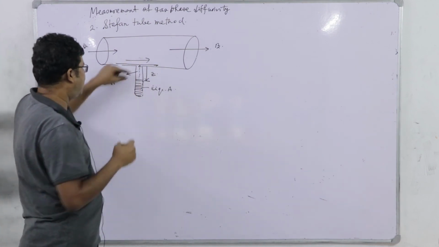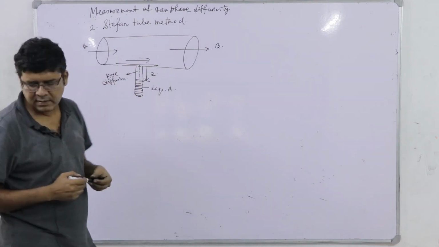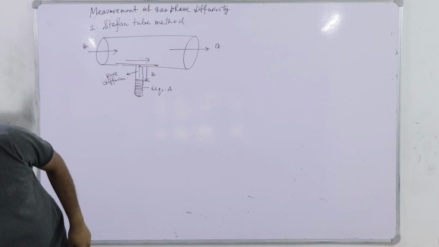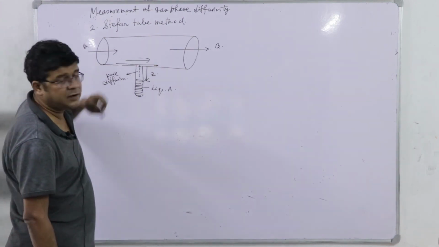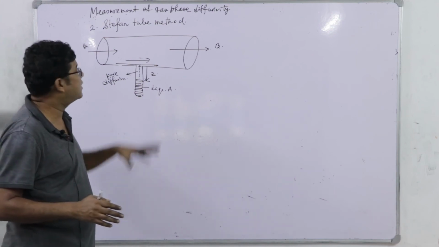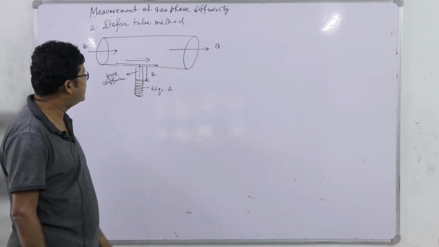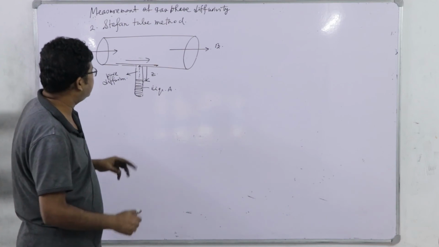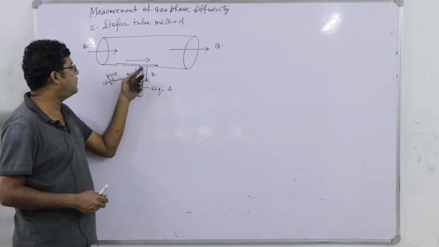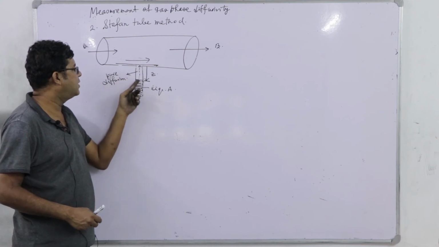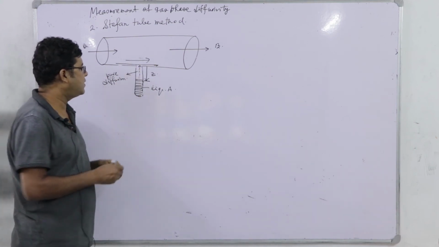We neglect the end effect here, there will be some vortices and all, but we can neglect that rationally because the diameter of the test tube is much smaller compared to the diameter of this pipe. So, this is a case of diffusion through a non-diffusing medium, because here B is non-diffusing, but from here A is diffusing.